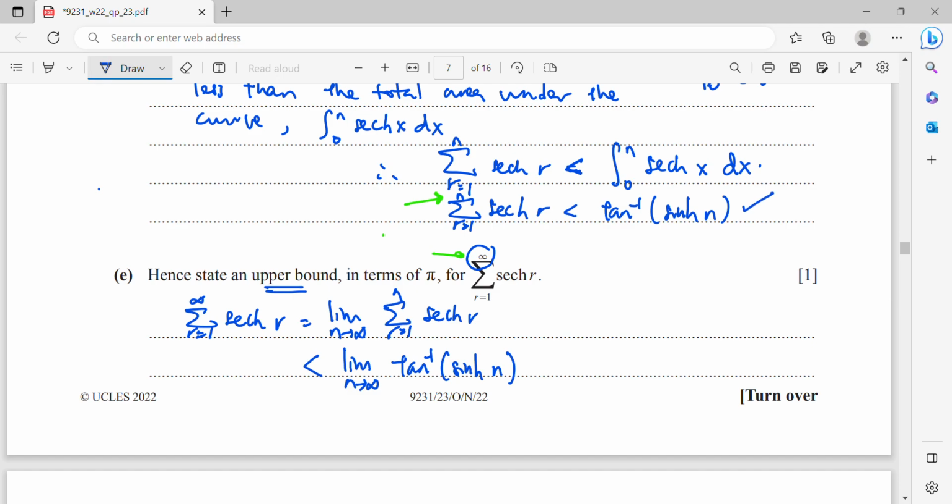When n tends to infinity, this is less than inverse tangent sinh infinity, and sinh infinity is infinity. Therefore, I will just change it to infinity over here.